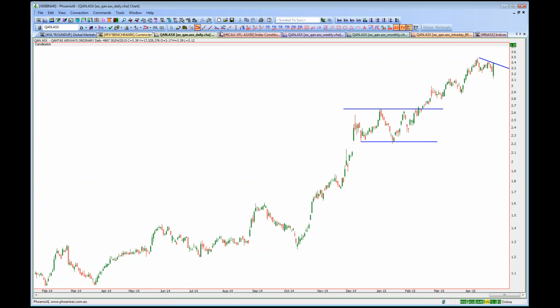If I clone that, how many bars have I got in there?